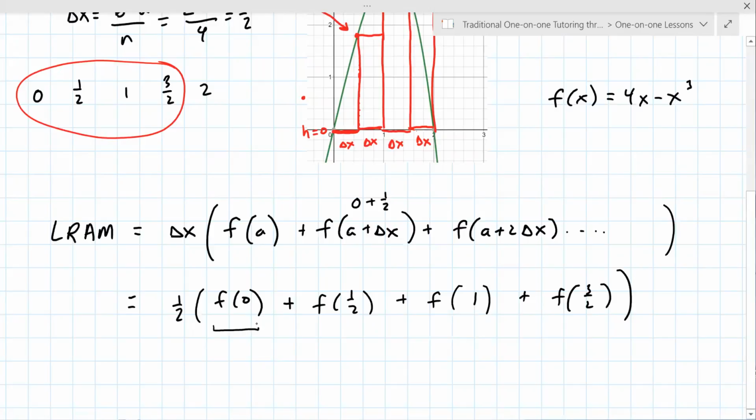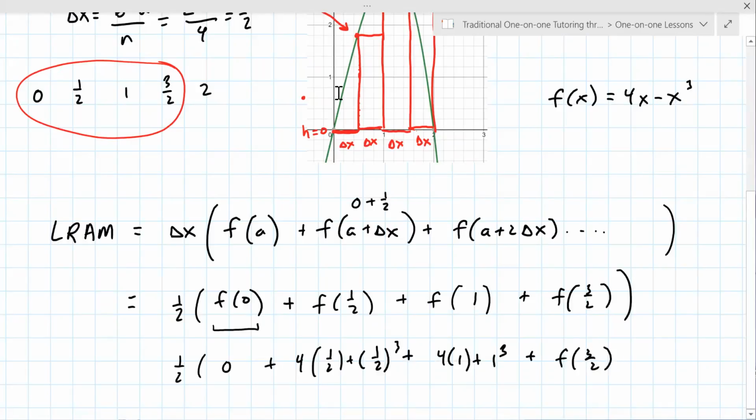So you have to do that at each of these points. The first one is 0. The second one is 4 times 1/2 minus 1/2 cubed. The next one is 4 times 1 minus 1 cubed, plus 4 times 3/2. I'm sorry, these are minuses, not pluses in here. Sorry about that. Minus.